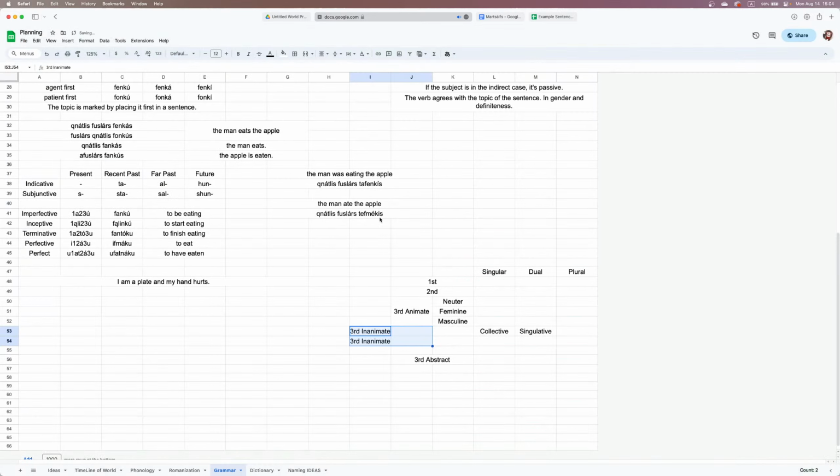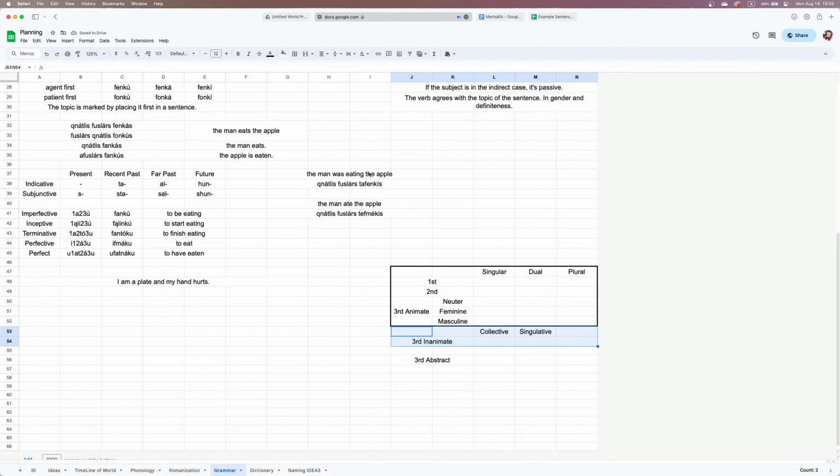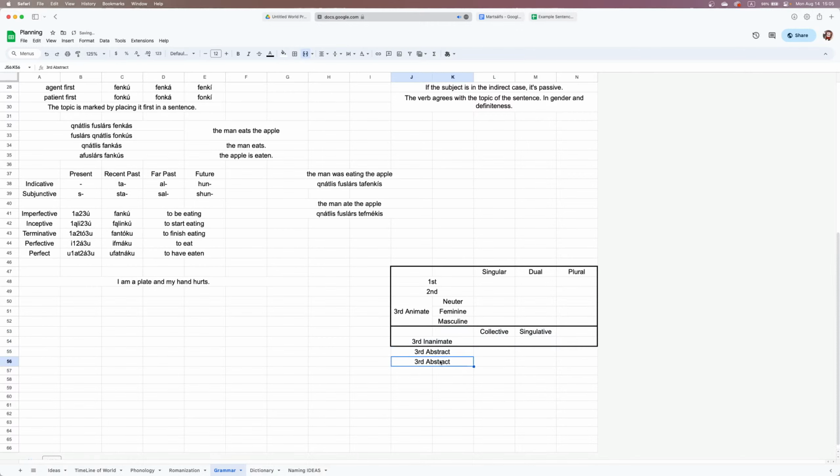I don't want to merge them, I want to unmerge them, and then split these up, better define them so I can see them better and you guys can see them better. Okay, there we go.